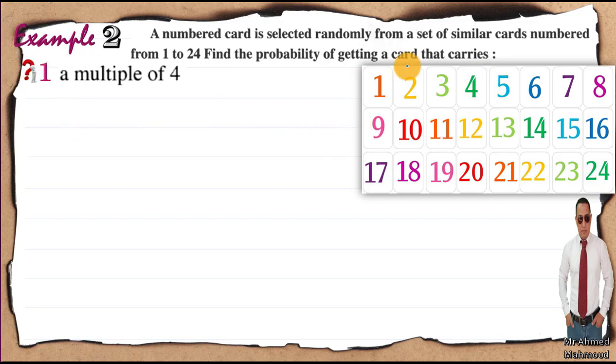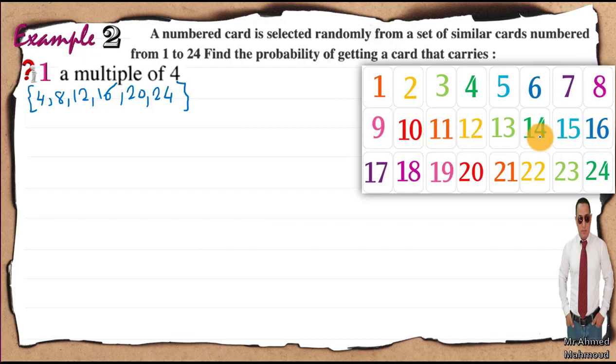The first one, find the probability that the number carried is a multiple of 4. Remember with me, what are the multiples of 4? The multiples of 4 are any numbers divisible by 4: 4, 8, 12, 16, 20, and 24.